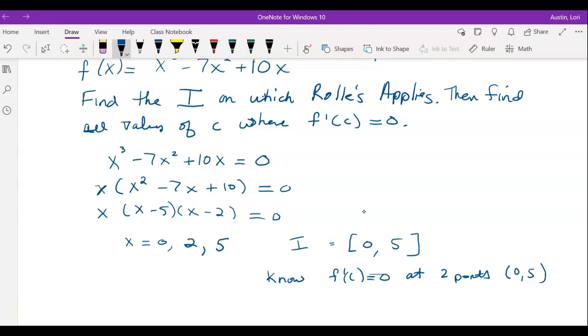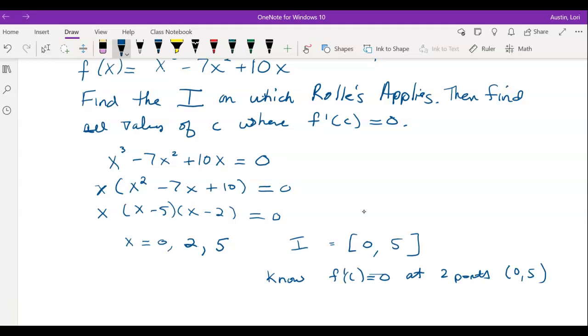How are you going to find those 2 points? What do we need to do? It's kind of written here. What does this say? So what do we need?